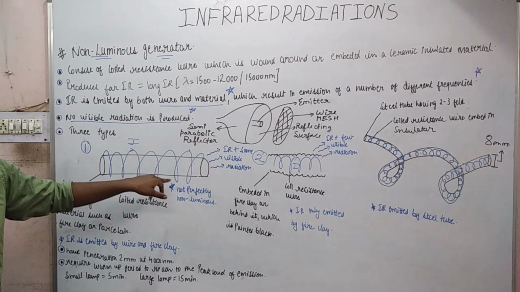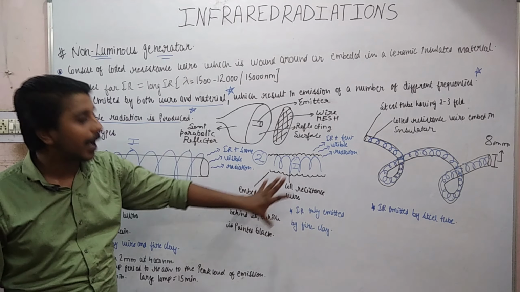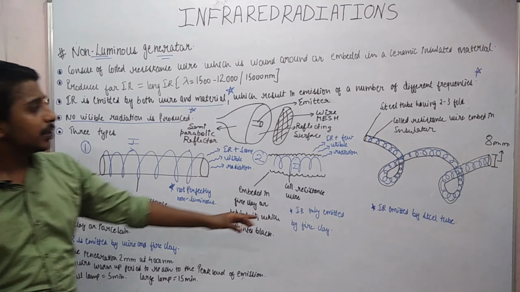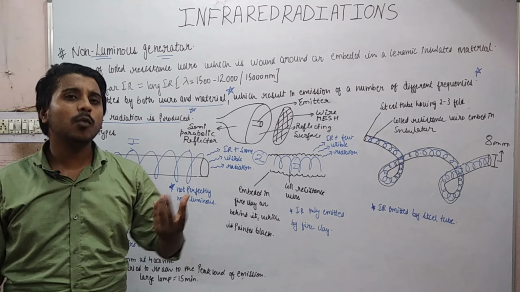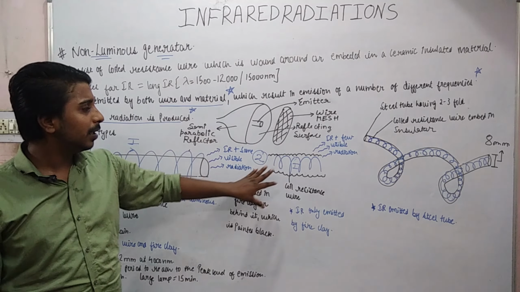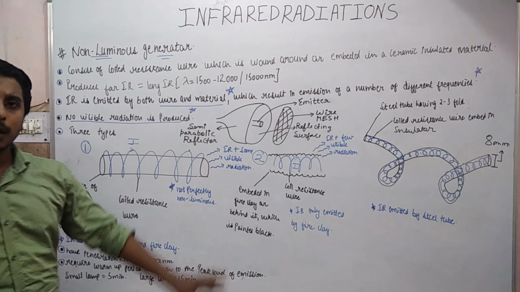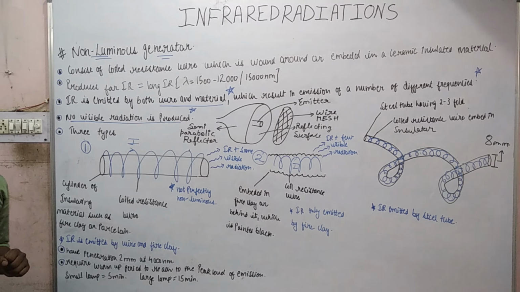There both were emitting, and here, as the wire is embedded, only the fire clay is emitting, which is mostly long IR, but a few visible radiation is given, and usually we regard it as a good non-luminous lamp. So this is about the second type.